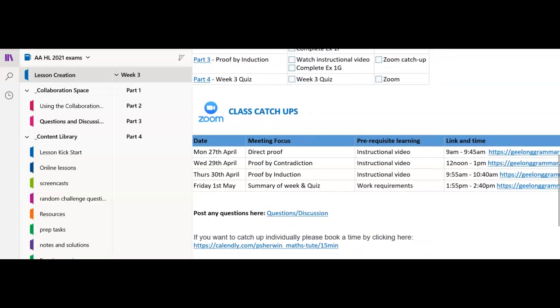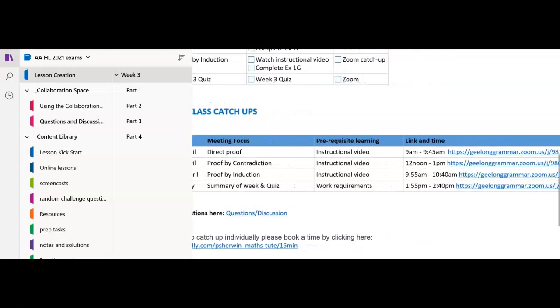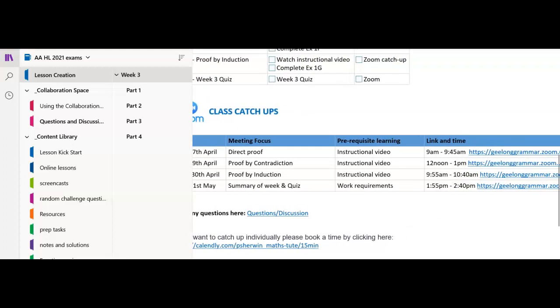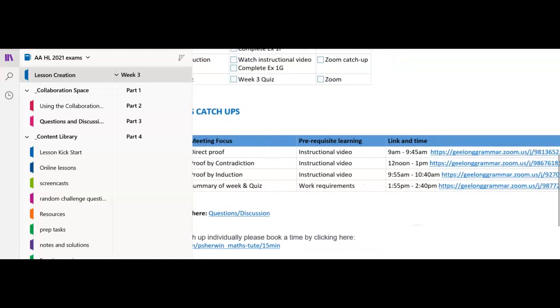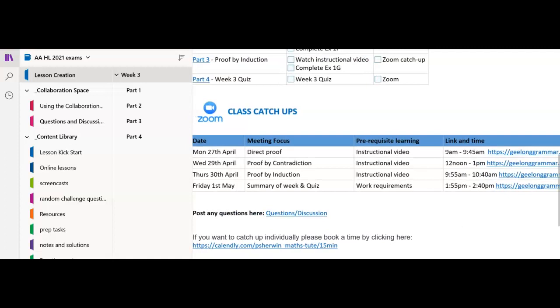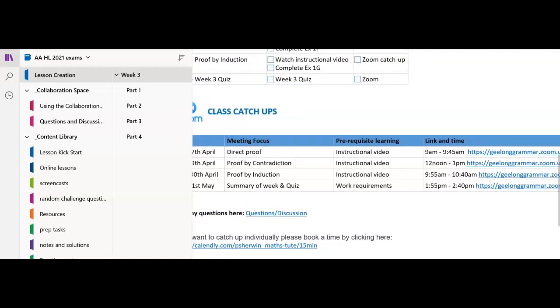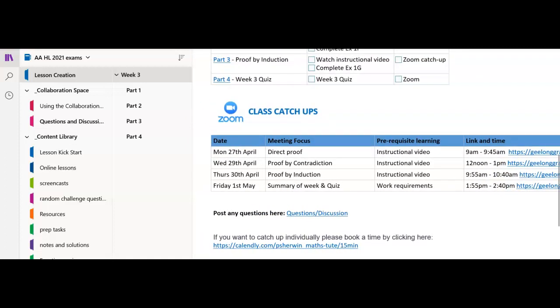These Zoom class catch-ups are optional, essentially. There's no point coming to a Zoom if you haven't done the work, and what each link tells you is what it's to do with.